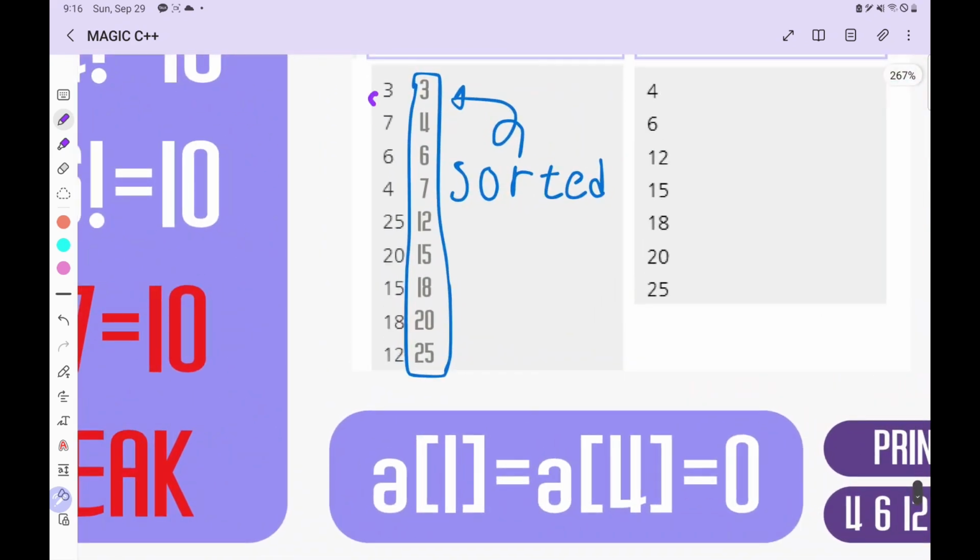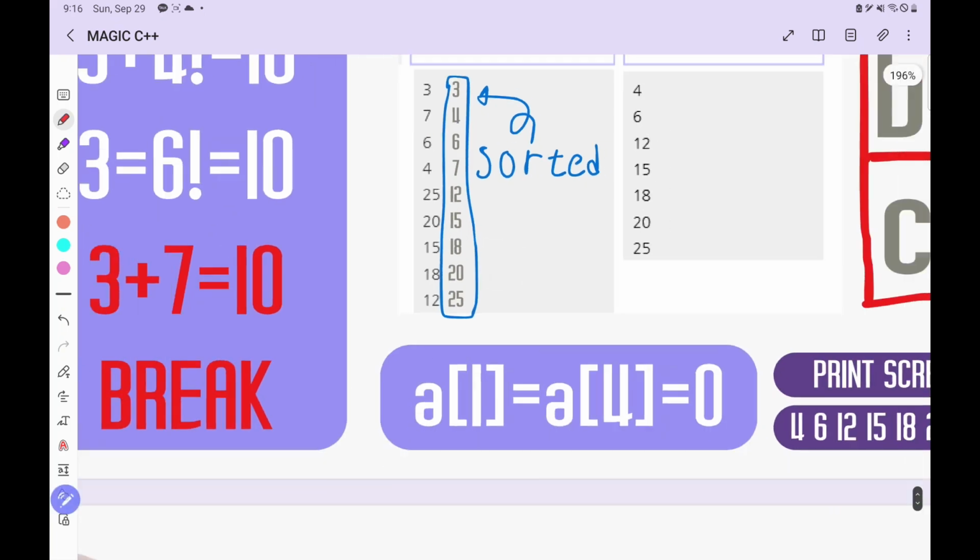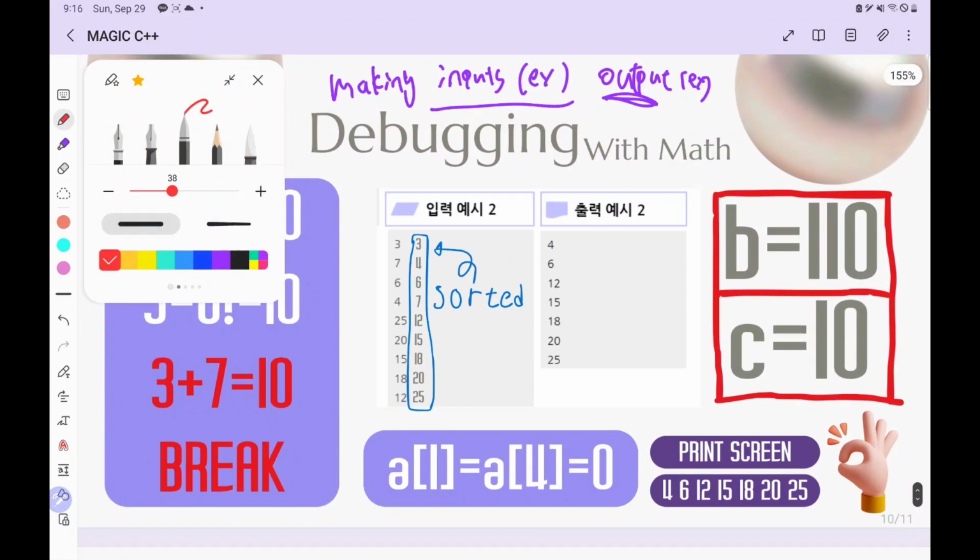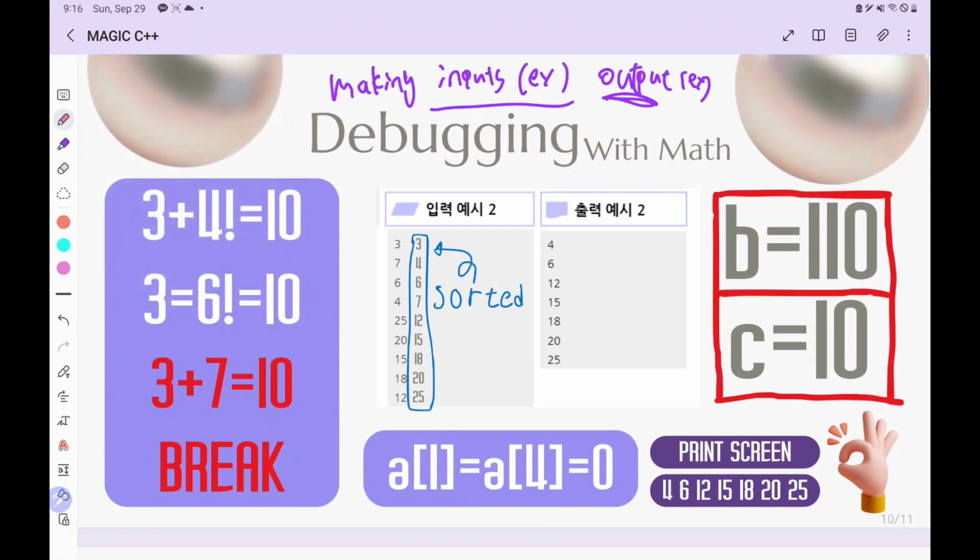So I did 3, 7, 6, 4, 25, 20, 15, 18, and 12. And then if we sort that, that becomes 3, 4, 6, 7, 12, 15, 18, 20, 25. Then, inside here, we need to find something that makes C. B equals 110 because if we add all of these up, it becomes 110. And C equals 10 because if we subtract 100 from B, that becomes 10.